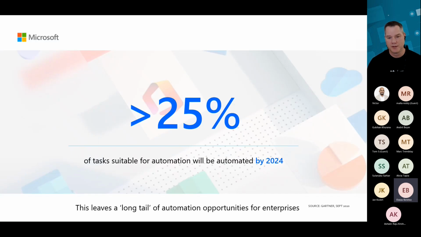I had kind of alluded to this earlier. Here's a statement from Gartner that talks about more than 25% of tasks suitable for automation will be automated by 2024. So what's happening to the roughly 75% of remaining actions? This is a huge opportunity for your organization to take advantage of, because there is a long tail of automation that is ripe for being solved within the enterprise itself.